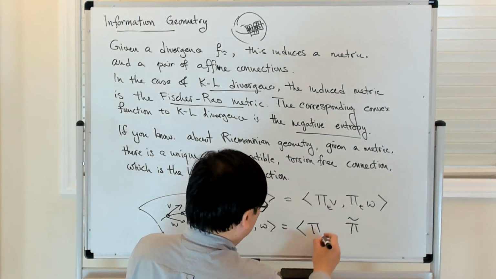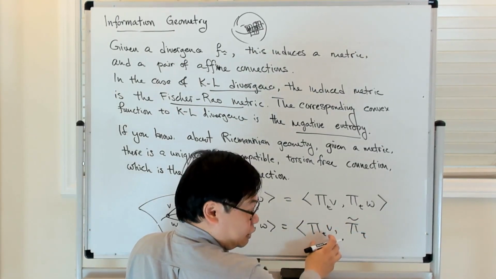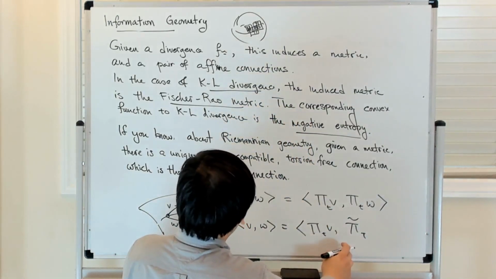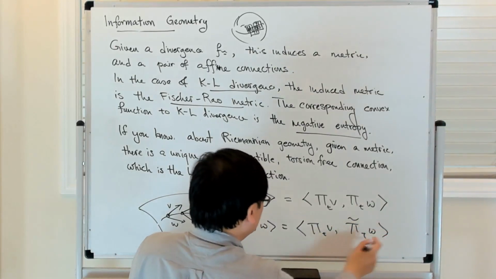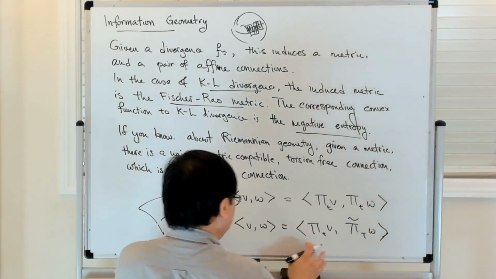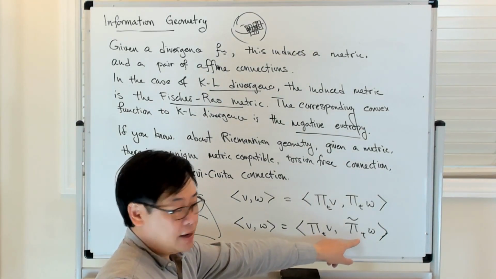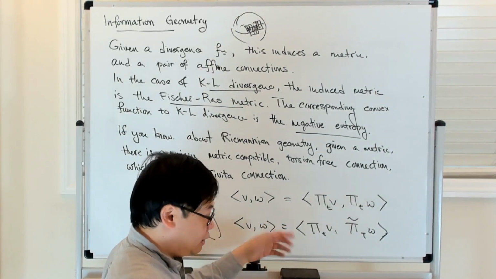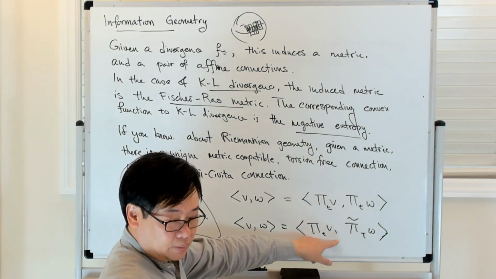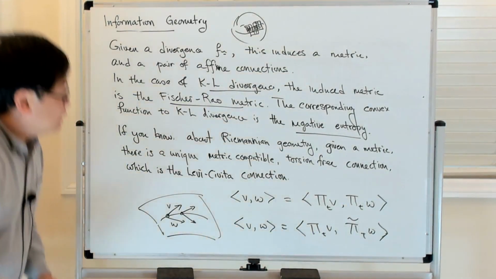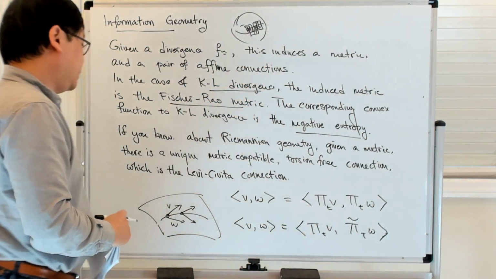If you parallel transport the first vector with one of those affine connections, and the second vector with the other one, then there is this kind of metric compatibility. You actually need both of the affine connections appropriately parallel transported in order to have that inner product stay constant along the parallel transport. So this is the sense in which this pair of affine connections is compatible with respect to the metric.